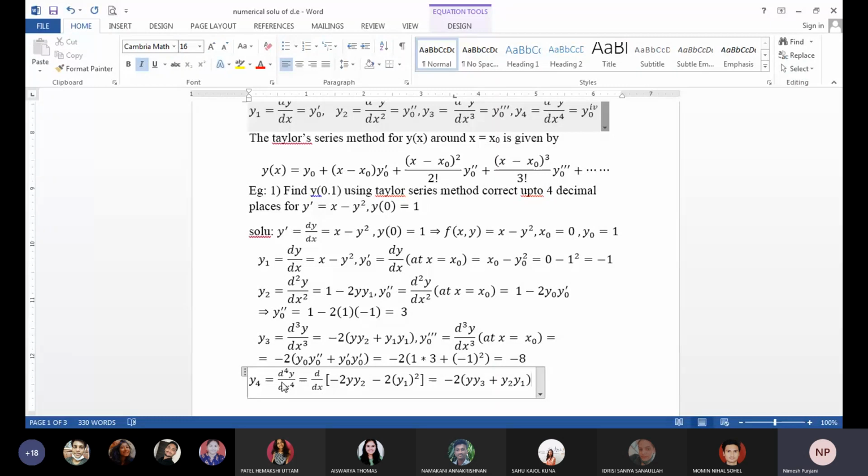Derivative of y is nothing but y1. Then minus 2 times the derivative of y1 square. So the derivative of y1 square will be 2 times y1 into y2.